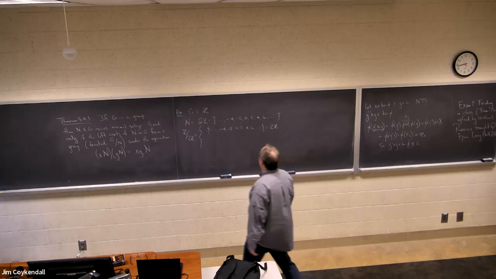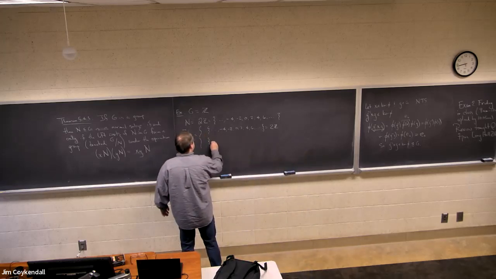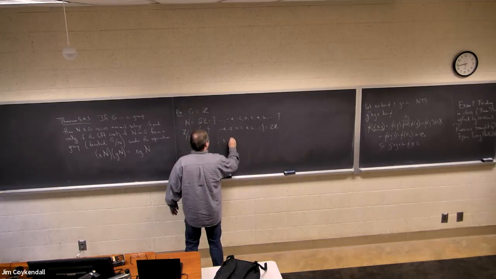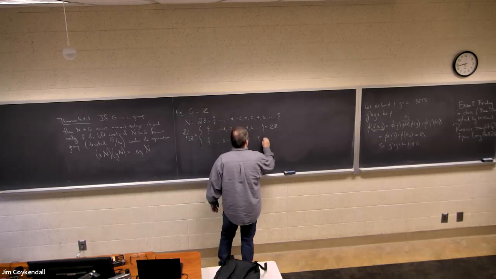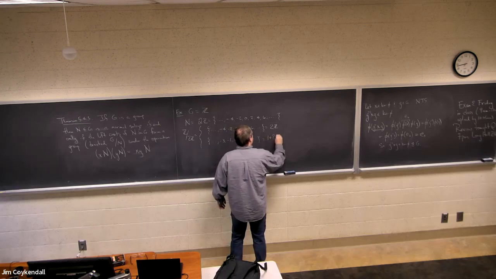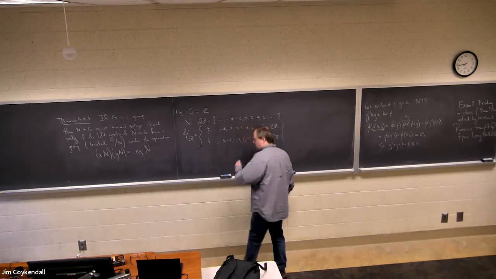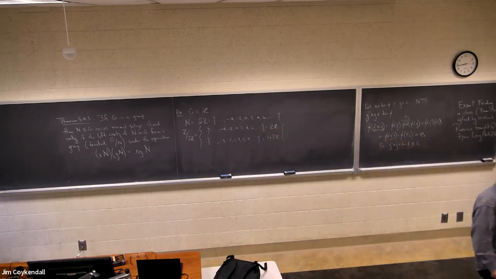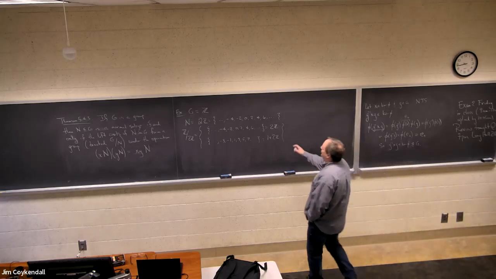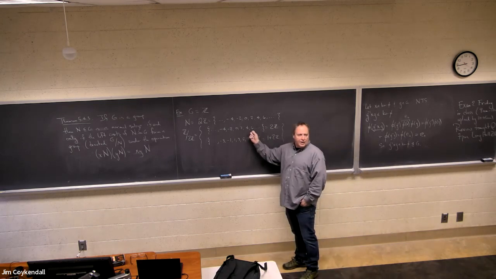Add 1 to everything. How do I know I'm done? That's an exhaustive list of left cosets. Right, because I partition the integers. Everything's either even or odd, and there's no overlap, so I partition this.